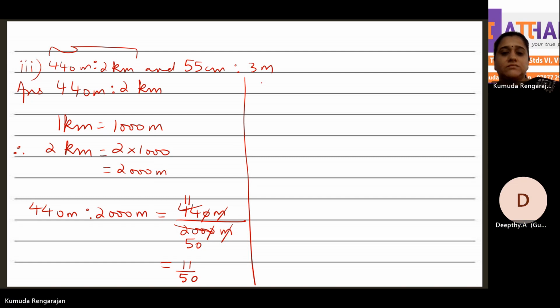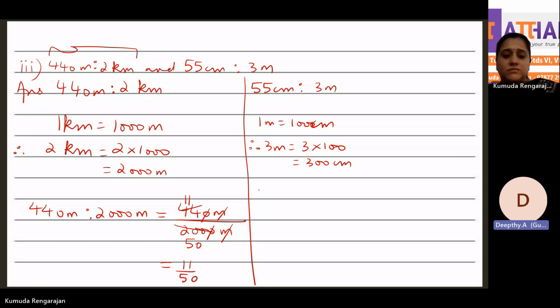Yes, ma'am. 1 meter equals 100 centimeters, so 3 meters will equal 300 centimeters. 55 centimeters is to 300 centimeters equals 55 by 300. 300 by 5 table, 300 becomes 60 and 55 becomes 11, which equals 11 by 60.